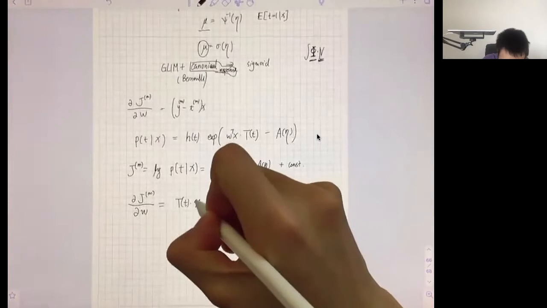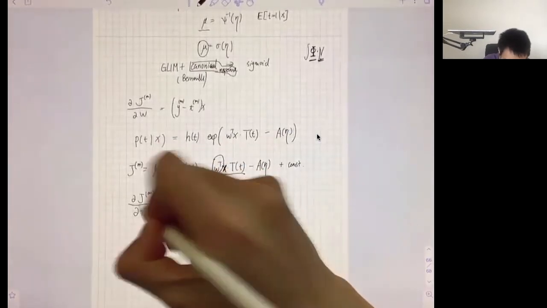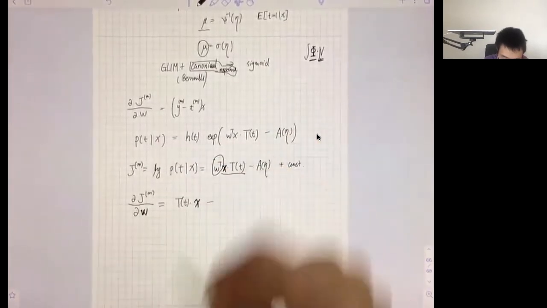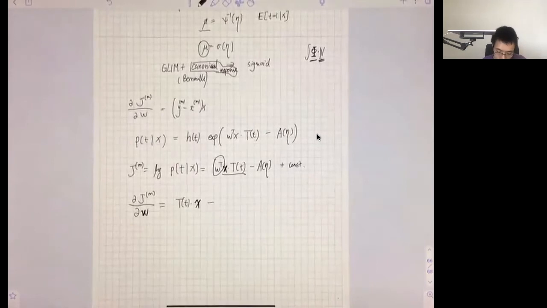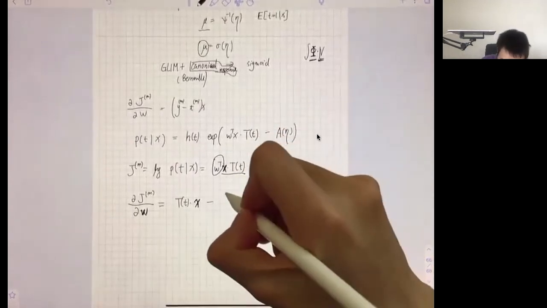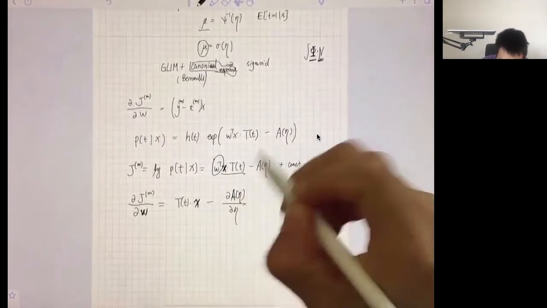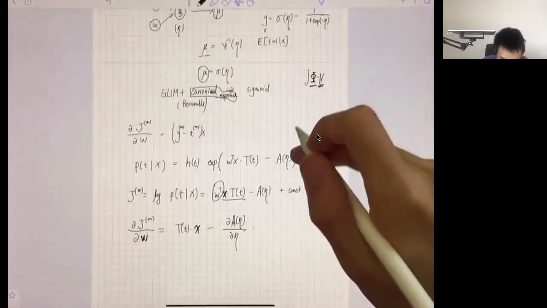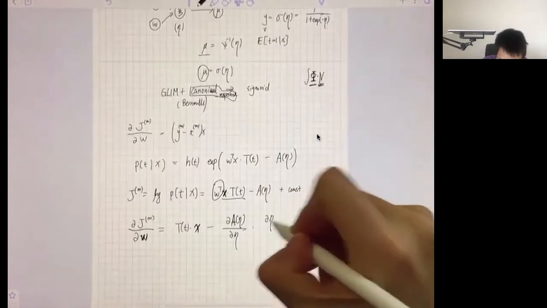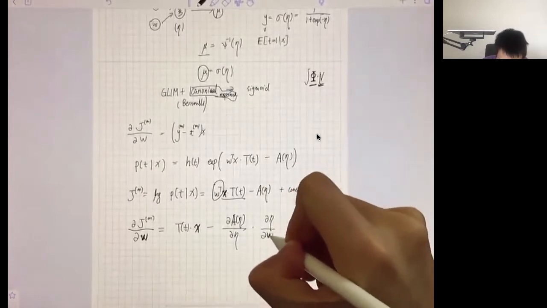So x is a vector, t is a scalar, minus, okay, we know the partial derivative of A of eta with respect to eta, I know that. And it's possible that I compute the partial derivative of my eta with respect to W, okay.